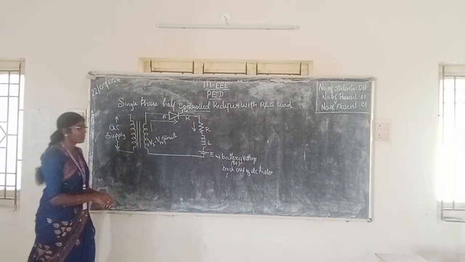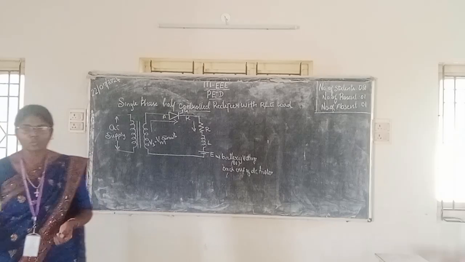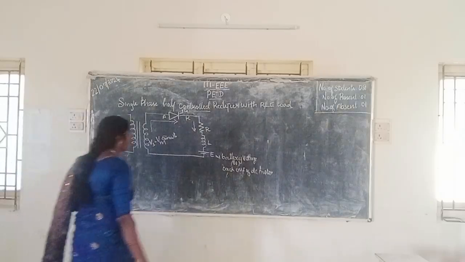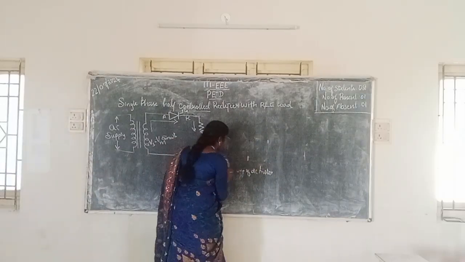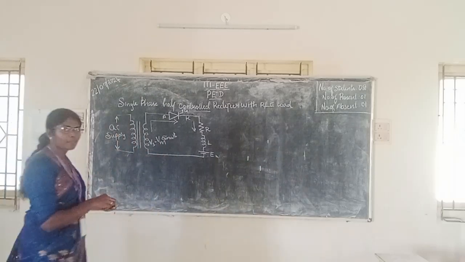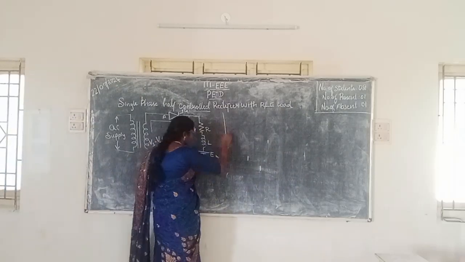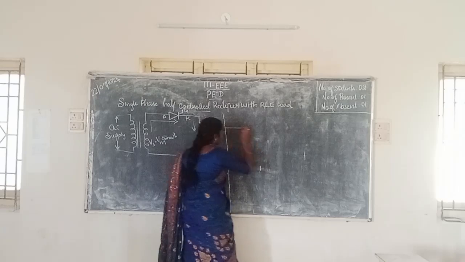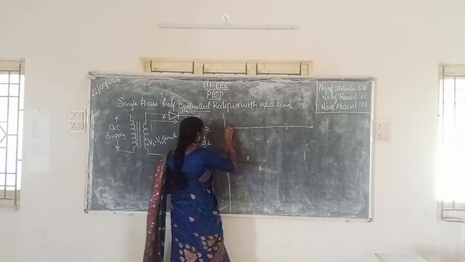Okay, what happens if this load is connected to a controlled rectifier? How will our waveforms be? Initially, what is our input voltage here? Sine voltage. So that is normal.